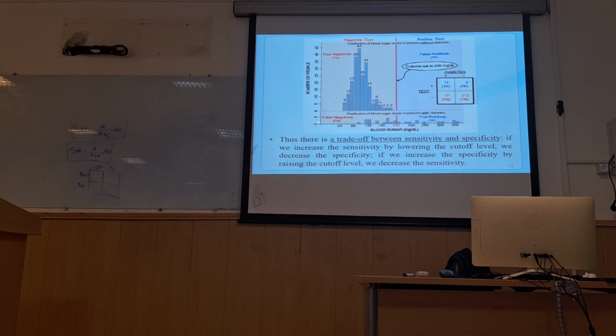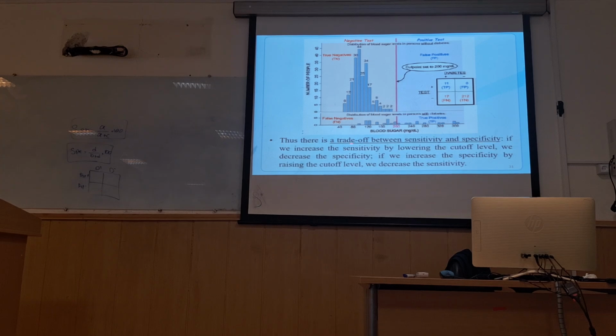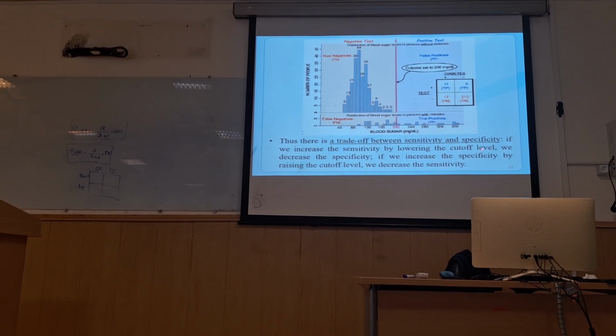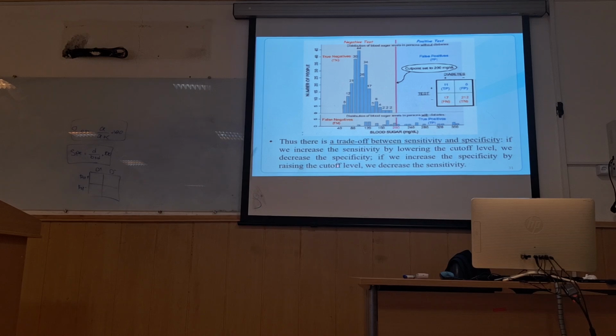It means there is a trade-off between sensitivity and specificity. If we increase the sensitivity by lowering the cutoff point, we decrease the specificity. If we increase the specificity by raising the cutoff point, we decrease the sensitivity. It's clear, yes? It's a trade-off between sensitivity and specificity.